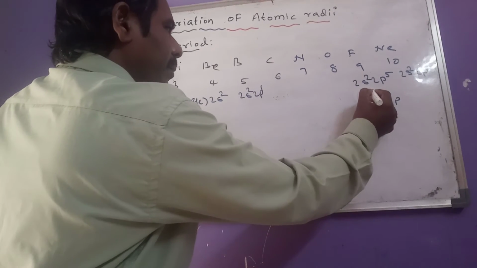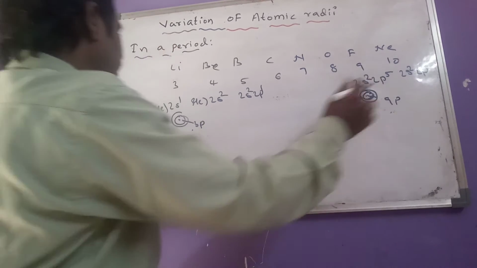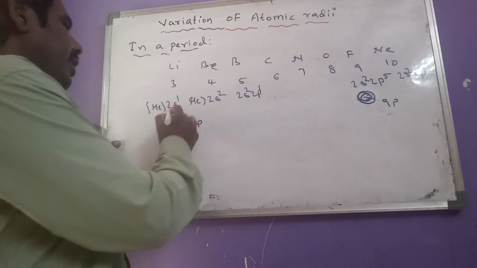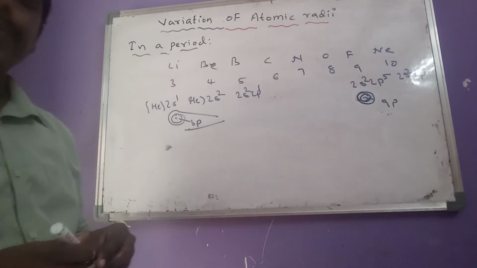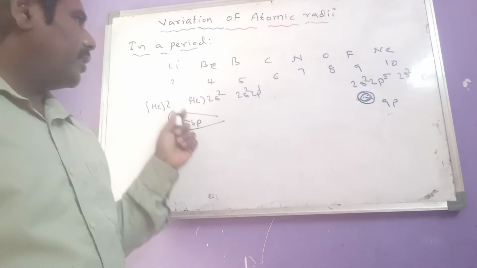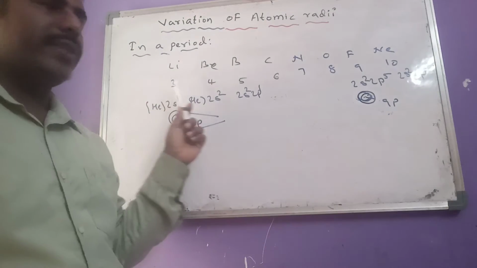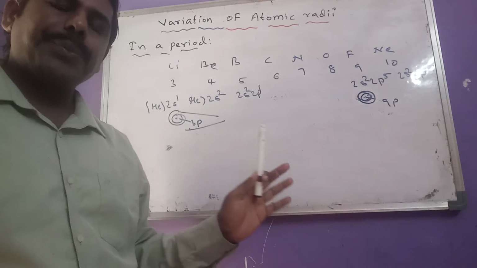When they come closer to the nucleus, atomic size decreases. So from left to right in a period, atomic size decreases, but that is from the first A group up to the 7th A group only.